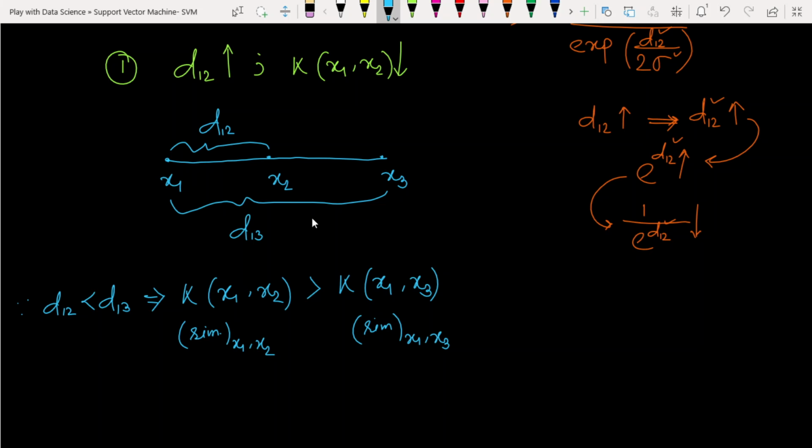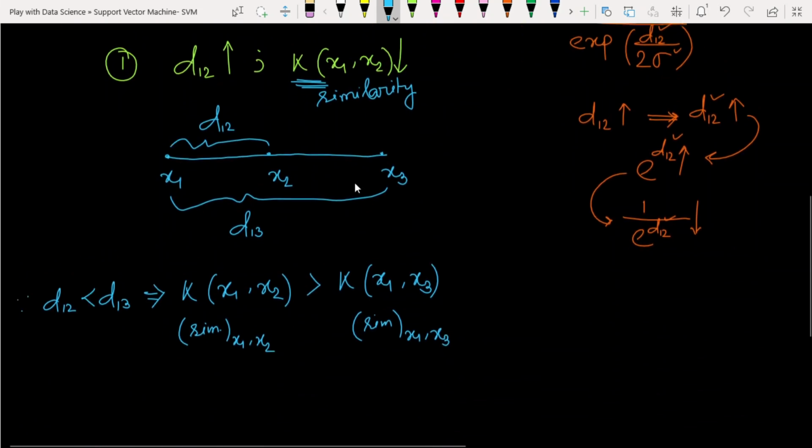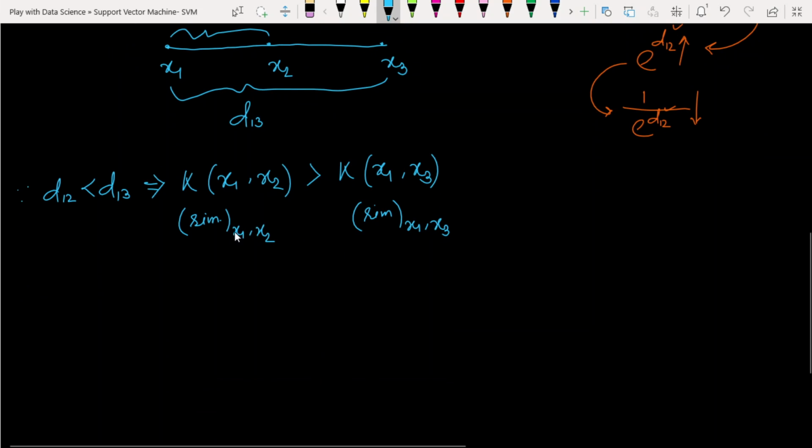So in another language, this kernel is one kind of similarity concept. This RBF kernel is one kind of similarity thing.